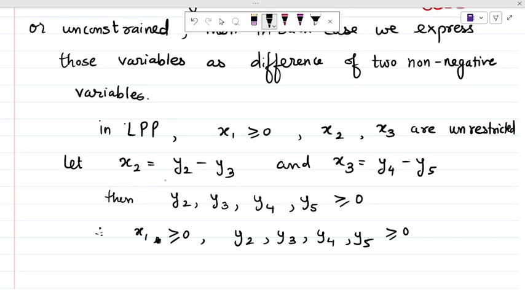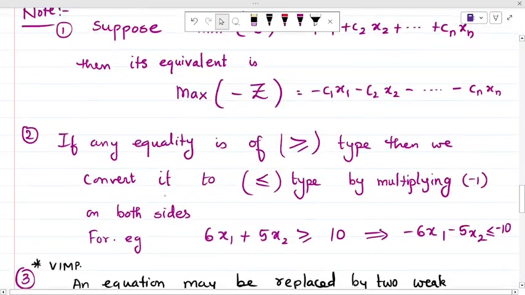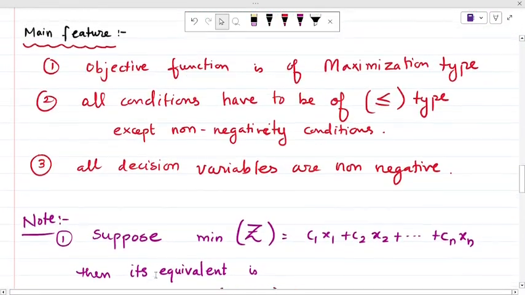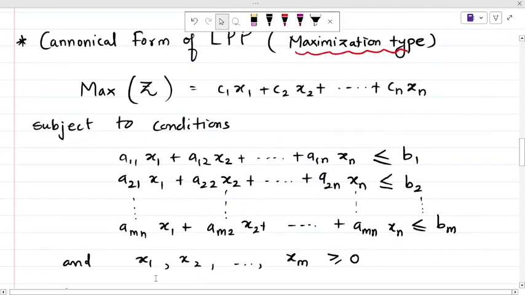Okay, so all these conditions which we saw right now can come into an LPP when a question is given to us. I just started with a basic theory over here to help you understand this is a general and basic LPP.